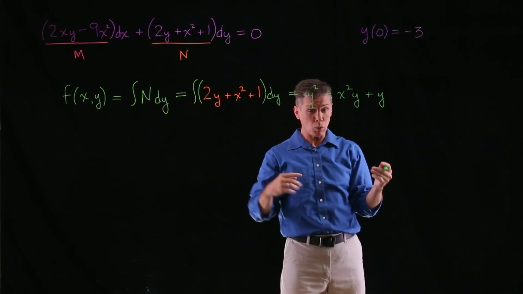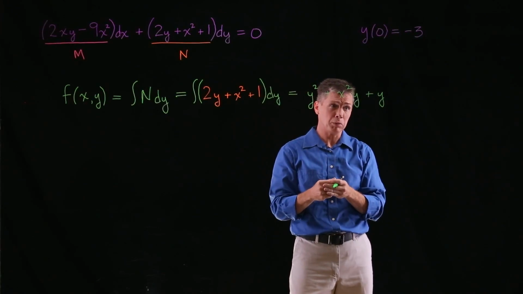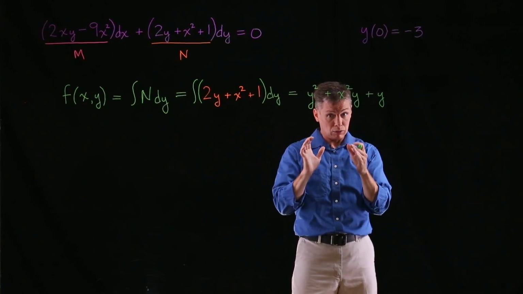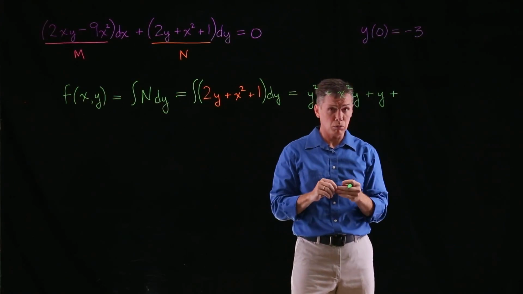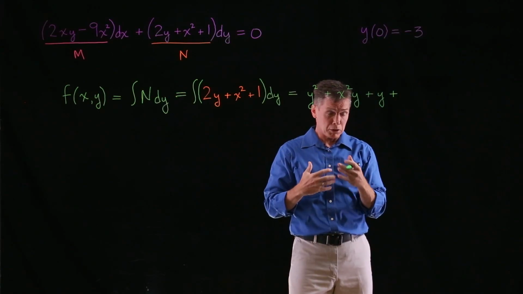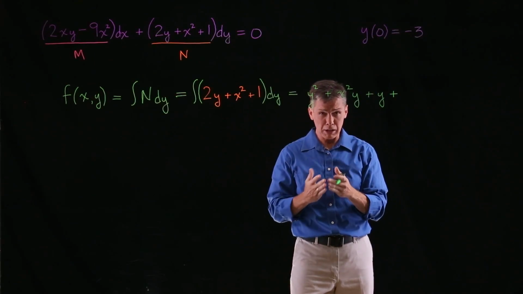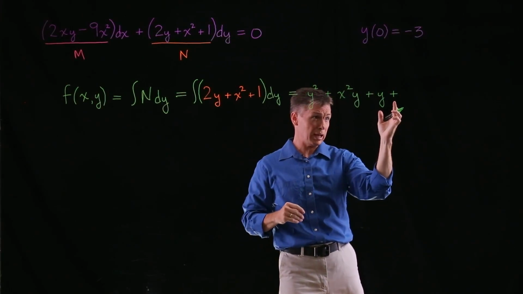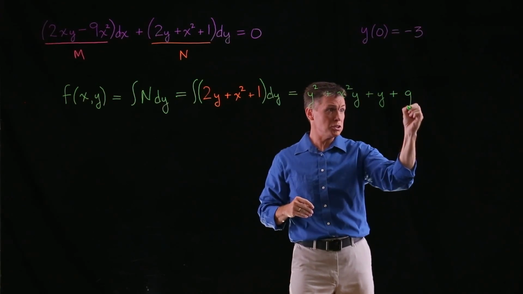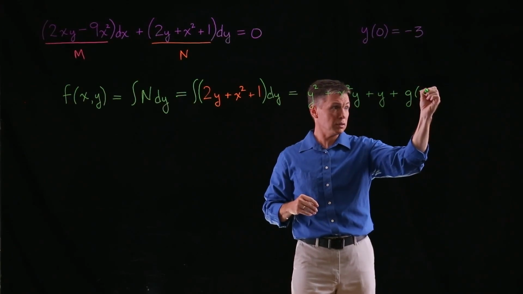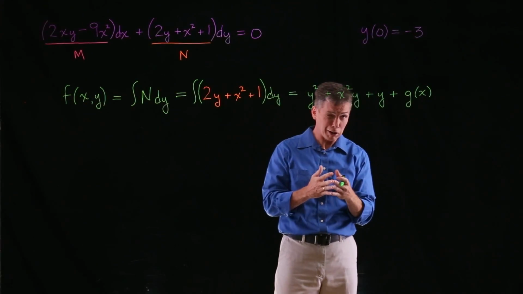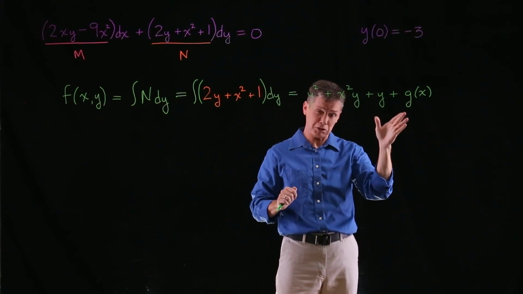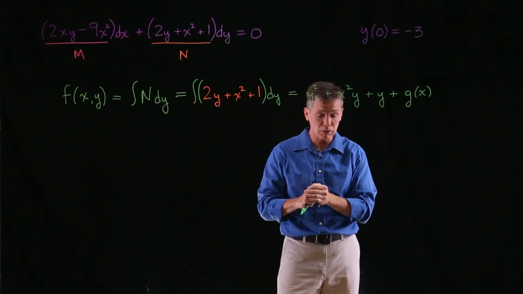I'll just write it as plus y, because you throw in your y to the 1 power there as well. Okay, that's good. But you also need to remember, if we just integrated with respect to y, there could be more of an expression involving x, so we tack on a plus g of x. It's kind of like when we used to tack on our constant of integration, but here it's not necessarily a constant, it could depend on x.